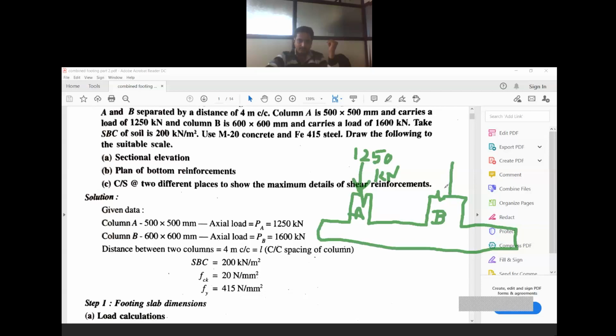Column B has load 1600 kilonewton. The spacing between the two columns is given as 4 meter. What else have they given? SBC of the soil, and the characteristic strength of concrete and steel. These are the data given. Now, what we need to do is calculate the dimensions of the foundation.